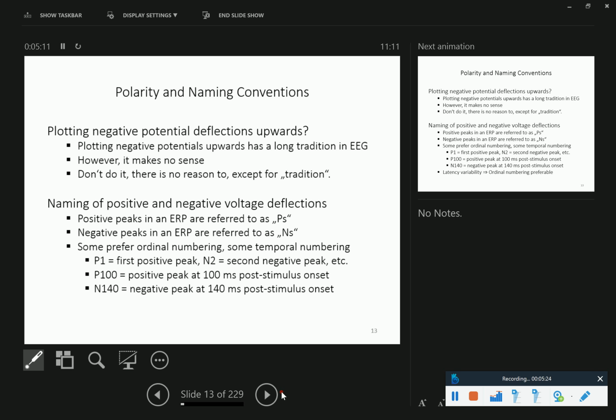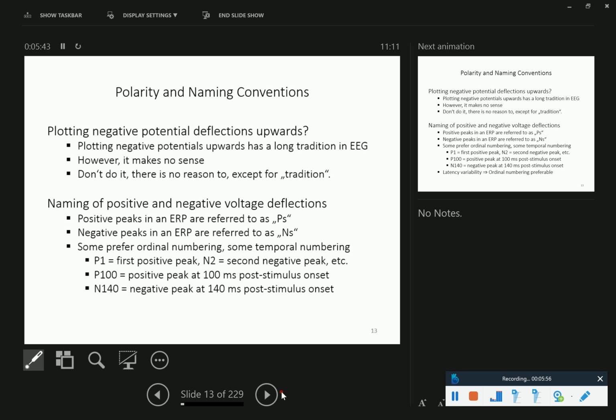So one is to name them by their latency or approximate latency, because there's latency variability, of course, for EEG or event-related potential peaks. These are then things like P100 and N140, which refer to positive peaks 100 milliseconds post-stimulus onset, or negative peaks 140 milliseconds post-stimulus onset. Or they are just ordinally numbered, so P1 for the first positive peak and N2 for the second negative peak, which also means there's an N1.